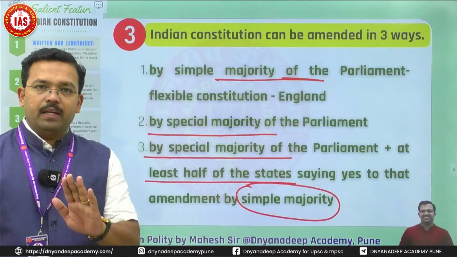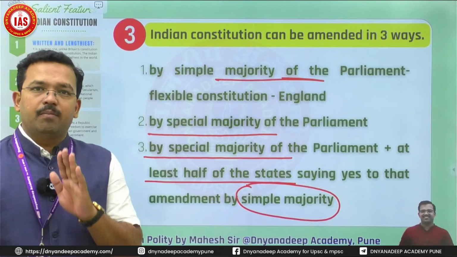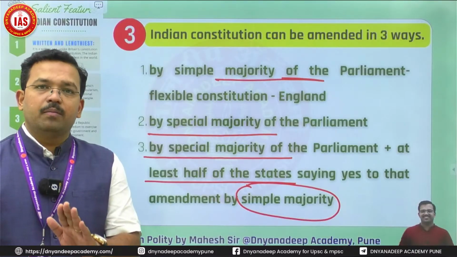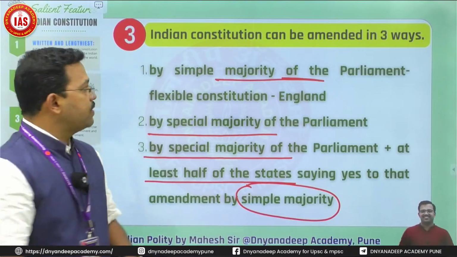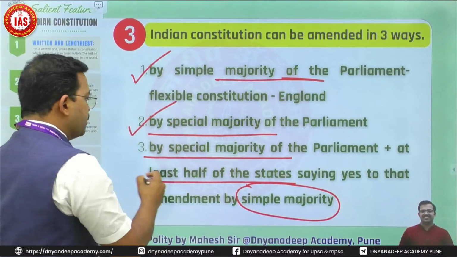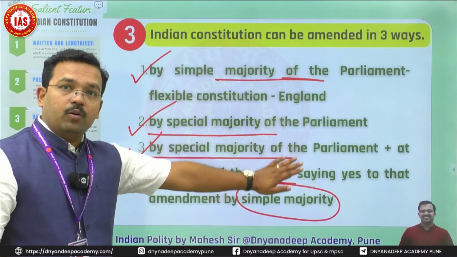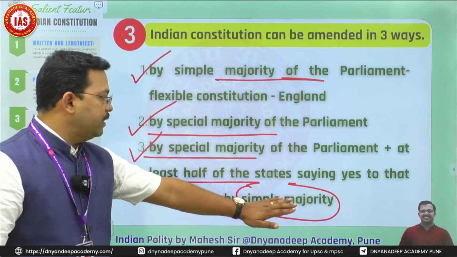To which we are replying: under Article 368, we can amend the Indian Constitution in three ways. First is by simple majority, second is by special majority, third is by special majority of parliament plus at least half of the states saying yes.